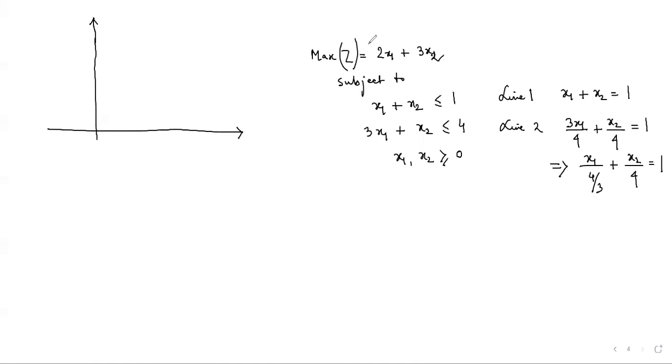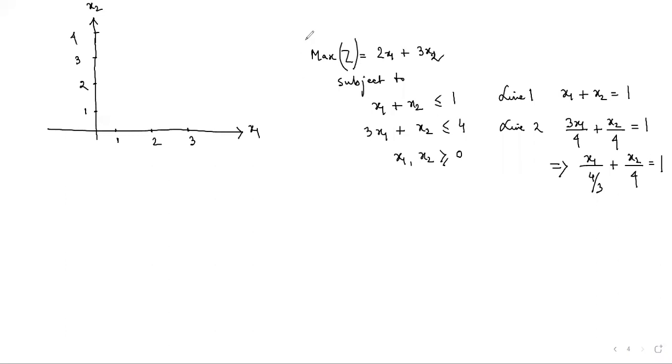So I'm going to draw these two lines. First of all, I'm going to mark the points: put 1, 2, 3, 4 on the x2 axis, and on the x1 axis we put 1, 2, 3.